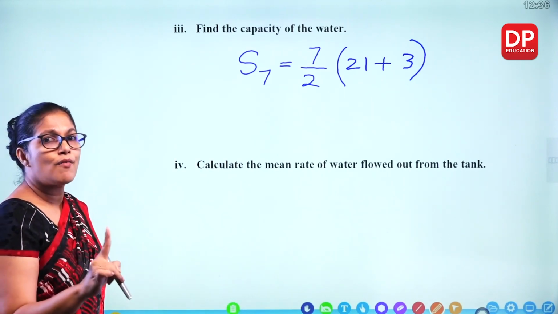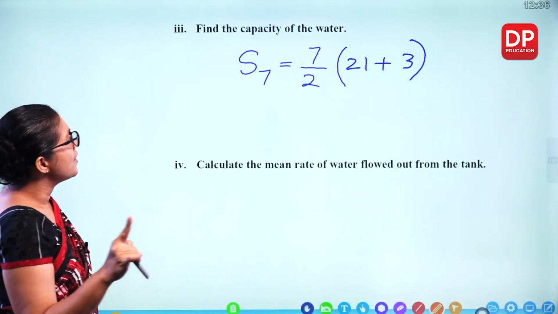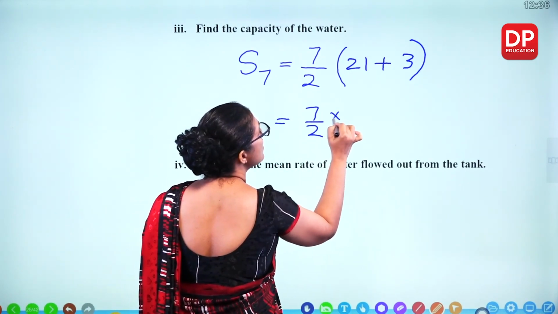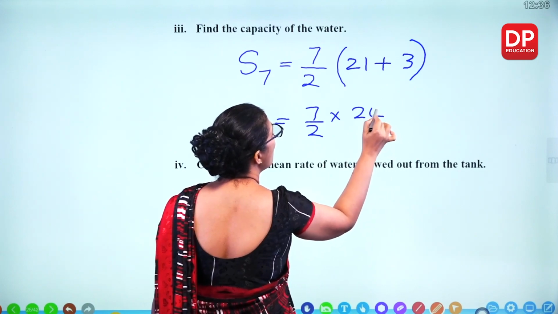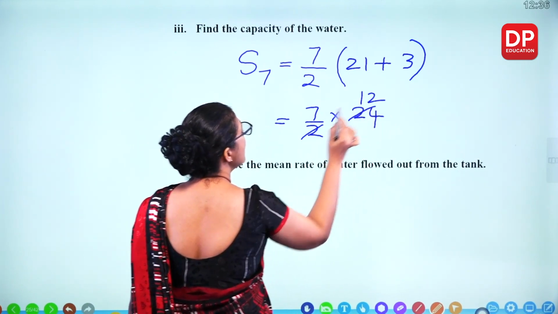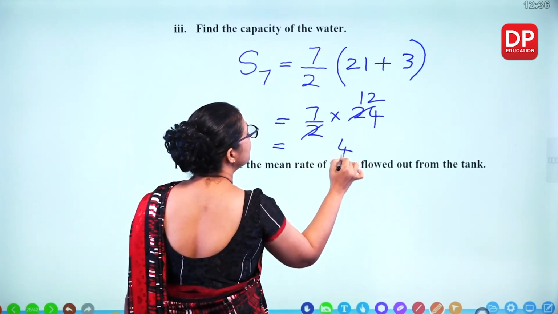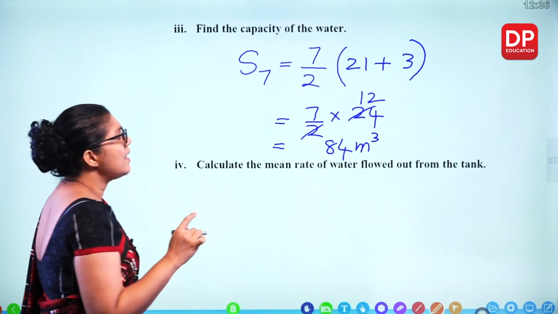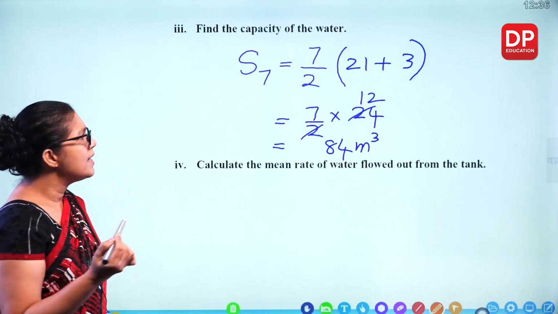The 7th hour, it was 3. Now we can find this value. So 21 plus 3 is 24. 12 times 7, 84 cubic meters is the capacity of the tank.